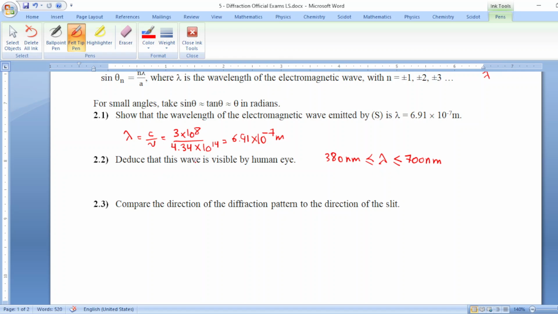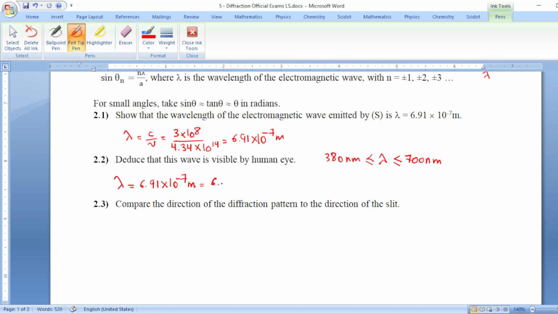Now, to compare the lambda I found with these two values, we must convert it into nanometers. Lambda equals 6.91 times 10 power negative 7 meter. To convert from meter to nanometer we multiply by 10 power 9.